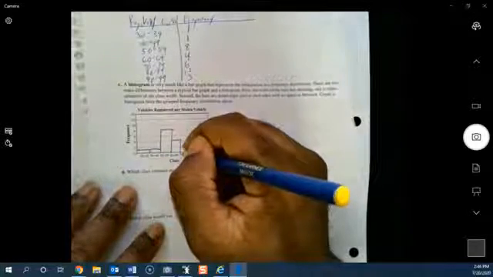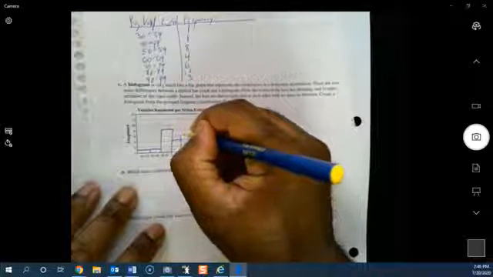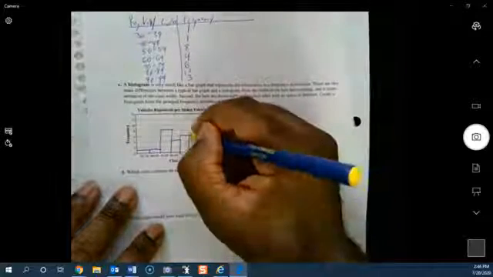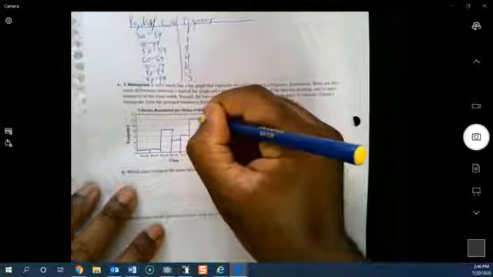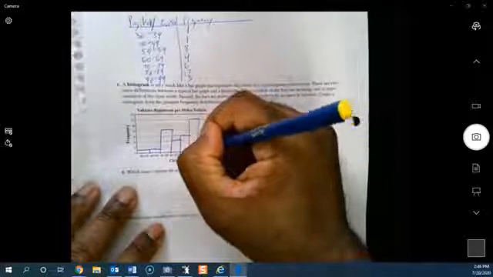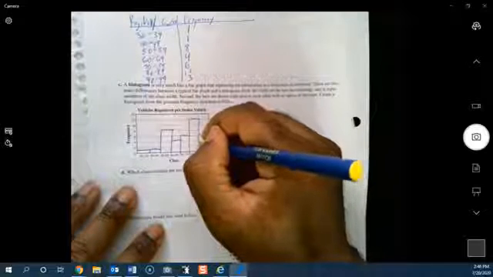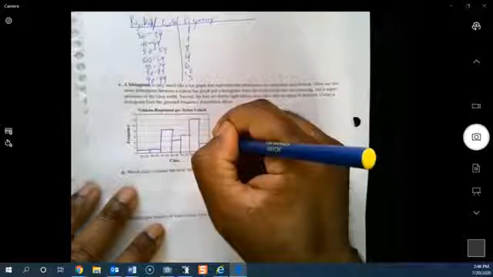Then the 70 to 79 is 6. 80 to 89 is 12. We'll go up here to 12. Then finally, 90 to 99 is 3. So it'll be in between the 2 and 4.